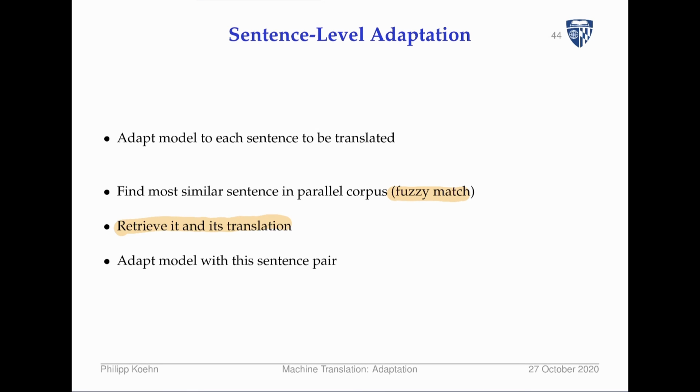But otherwise, almost the identical sentence was there before. So that translation is really the best roadmap for how to translate the current sentence. And then you can do various things. You can adapt the model with a sentence pair, but there are also other methods of feeding it in as additional input and conditioning context. There are various methods that are applied to that idea.